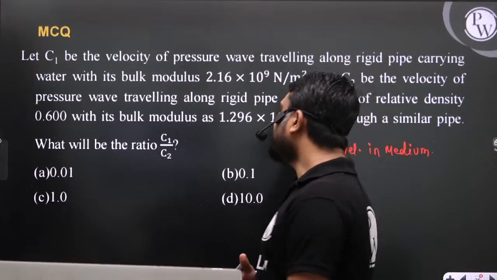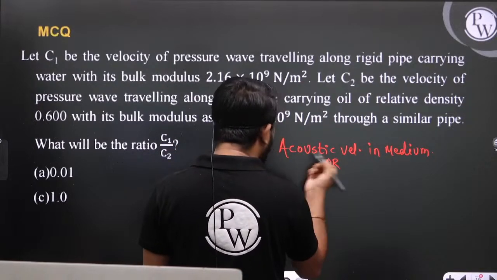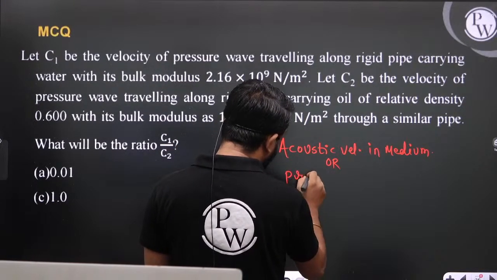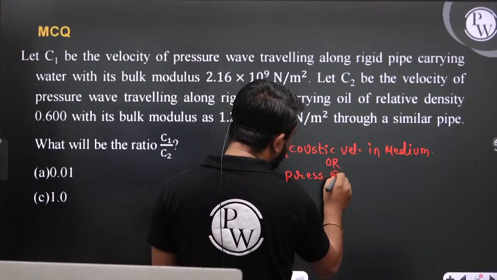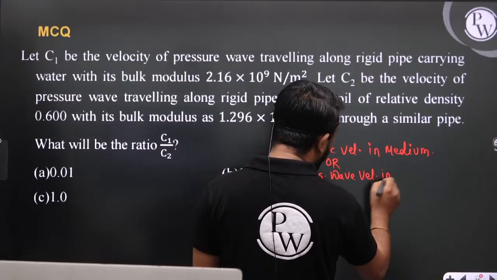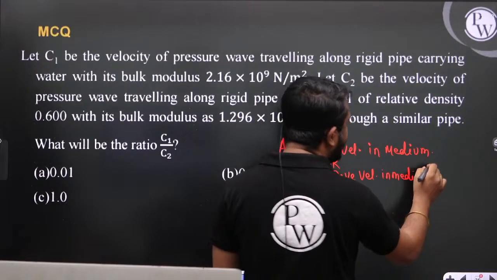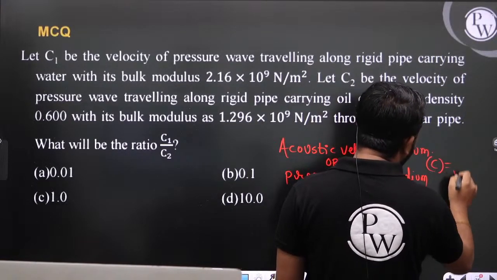So whether you say acoustic velocity in a medium or velocity of pressure wave in a medium, that is C, and this C is equal to root over K by rho.